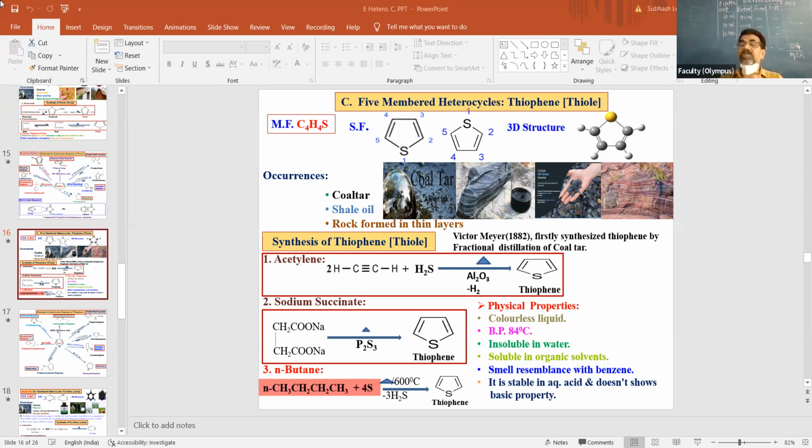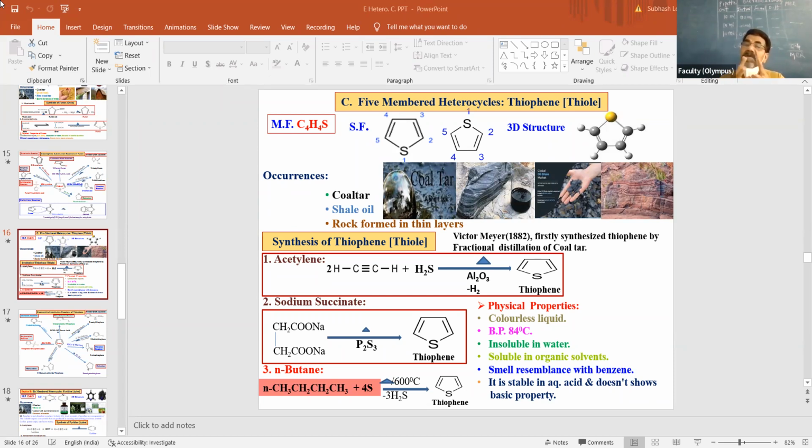Or 'which is the starting material for preparation of thiophene?' They can give acetylene, sodium acetate, butane, or all of the above. Your answer must be all of the above. Or they can give only acetylene, and the rest of the options are different. So that is the type of question that will be asked, and it will be easy to understand.